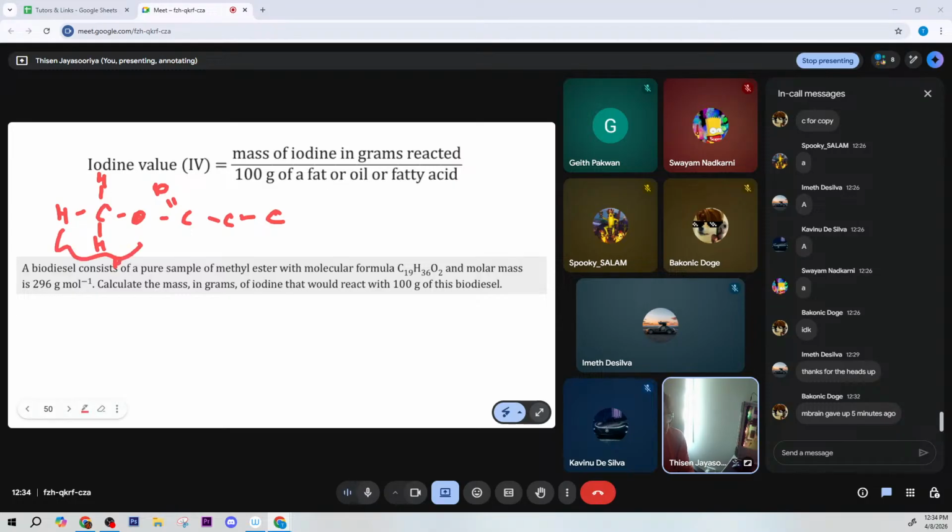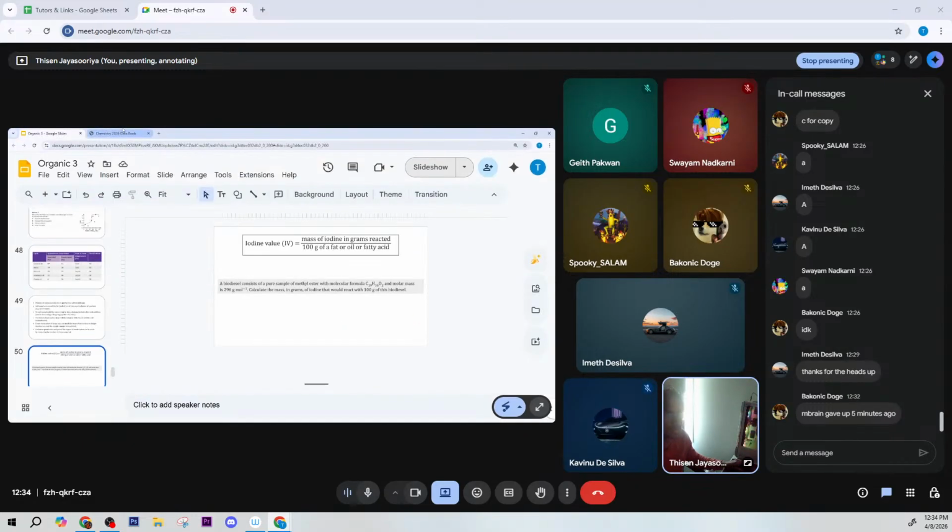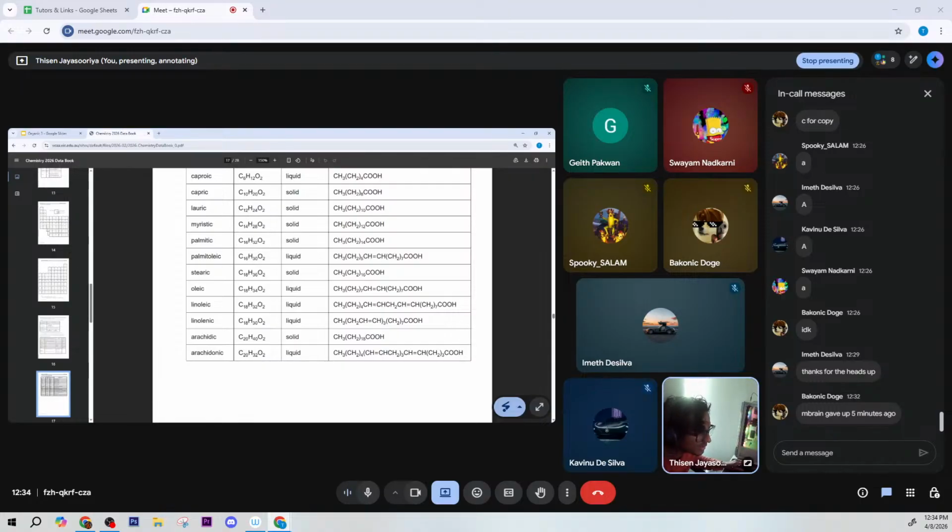We just have a H. So we want to take away one carbon, so we get C18 and 2 hydrogens, right? Because we have 1 hydrogen here, so we get H34O2. Now we go back to our data book and we see, well, C18H34 is oleic acid, yeah?